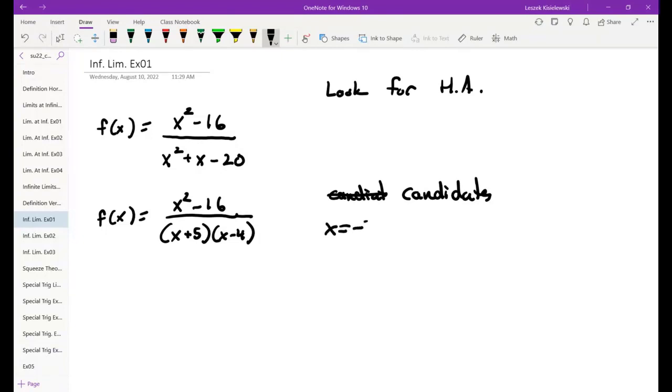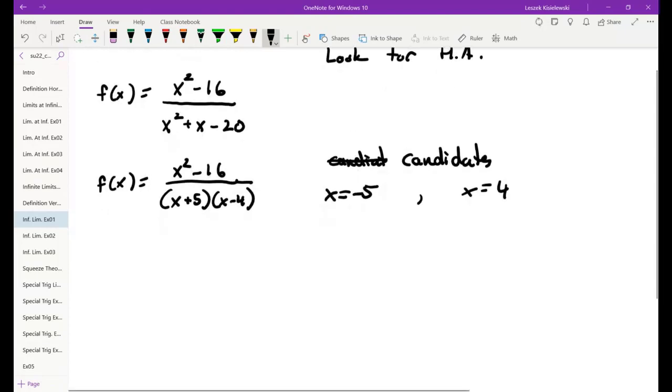We have x equals -5, and then we have x equals 4. So let's consider x equals, I guess, 4. So we would compute the one-sided limit. We're going to let x approach 4, let's say from the right.